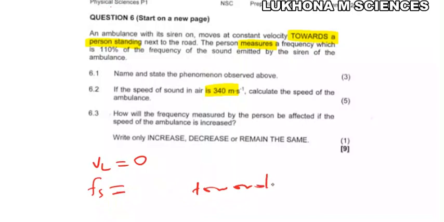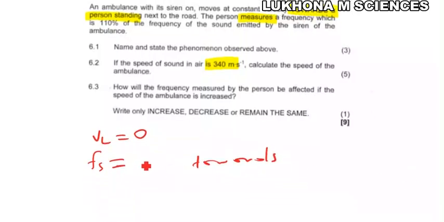Let's say it is X. The person measures a frequency FL which is 1/10% of this, and we always divide the percent by 100.